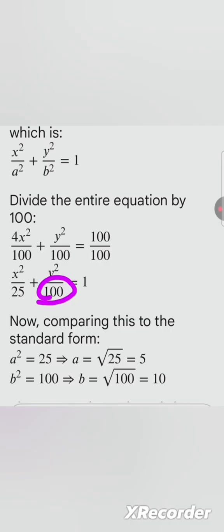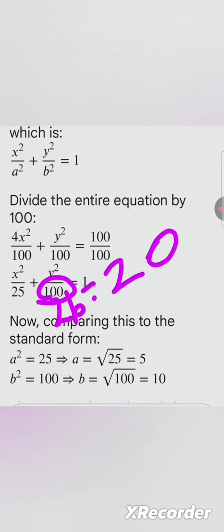So a is 5 and b is 10, but the length of the major axis here will be 2 into 10, and the length of the minor axis is 2 into 5, that is 10. So the length of the major axis is 20, that is 2 times the b value here, and the length of the minor axis is 10 units.